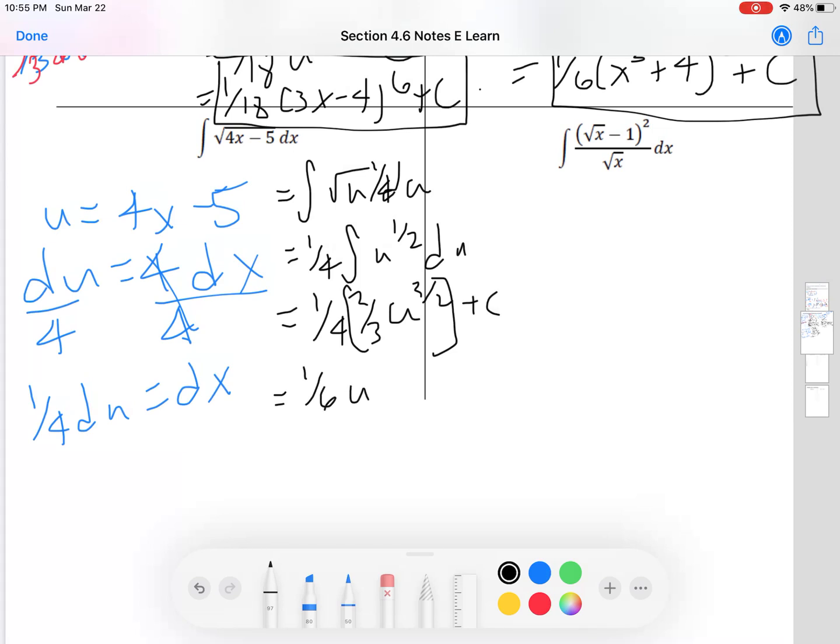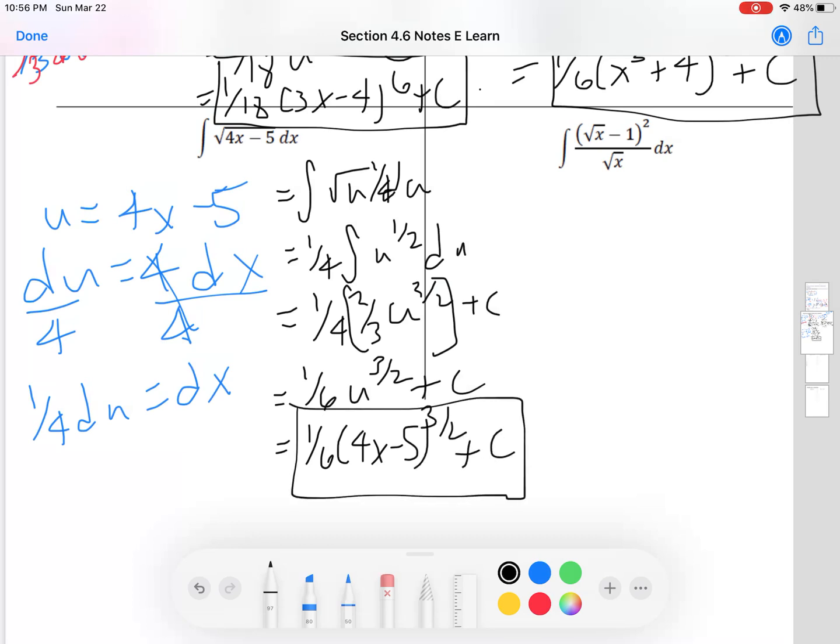And then I got u to the 3/2 plus c. And we're going to put in the 4x minus 5. And if you have this as your final answer, this is pretty convincing to me that you have understood your integration with the U-Substitution pretty well.